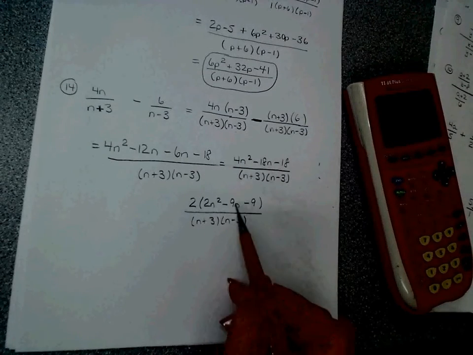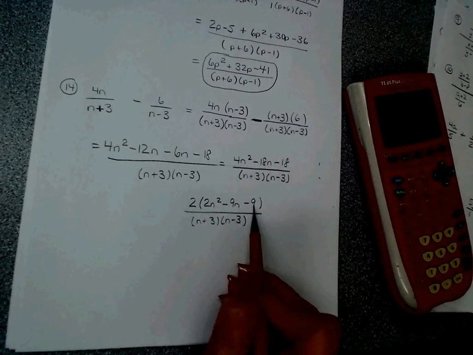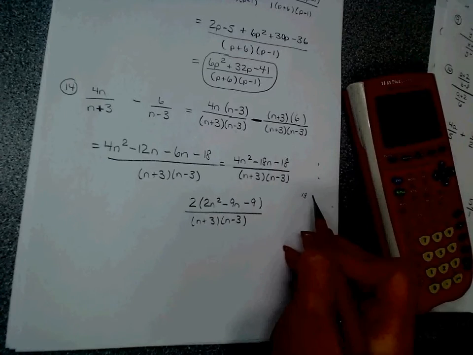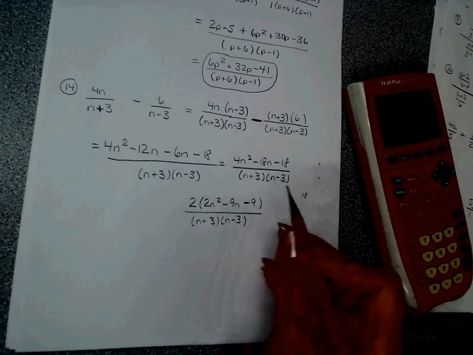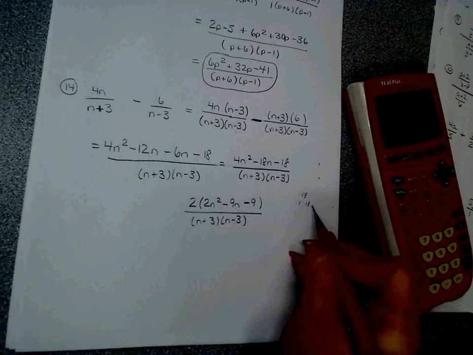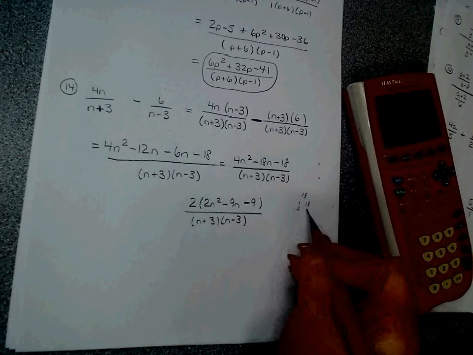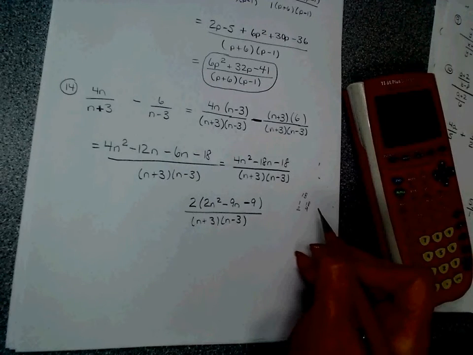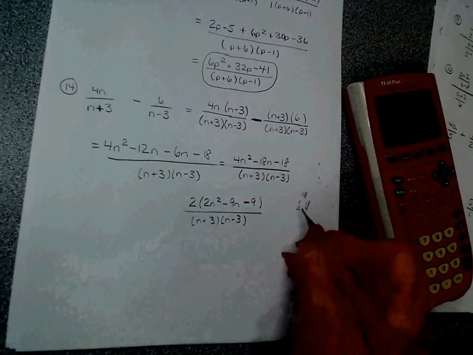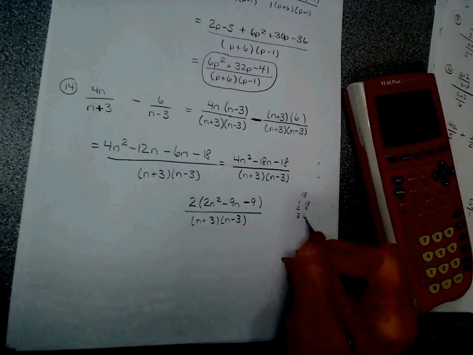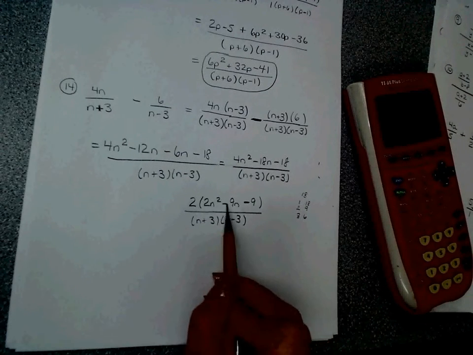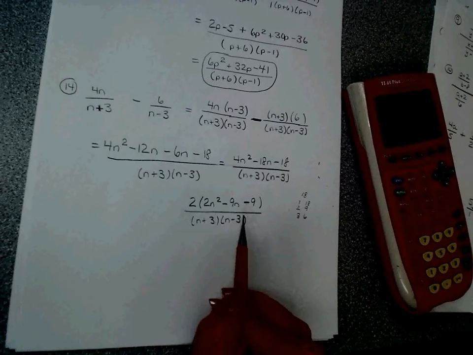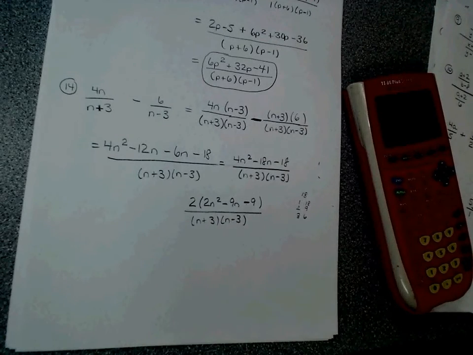Now look at this thing and let's see if it factors. 2 times 9 is 18. I need the factors of 18 that would subtract to give me 9. Well, 1 and 18 subtract to give you 17. 2 and 9 subtract to give you 7, excuse me. 3 and 6 subtract to give you 3. It's not 3 and 6 because it has to be a subtraction problem. So those are my only choices.